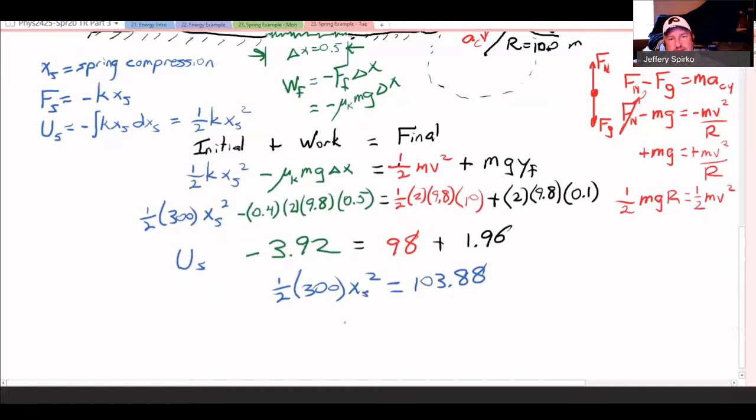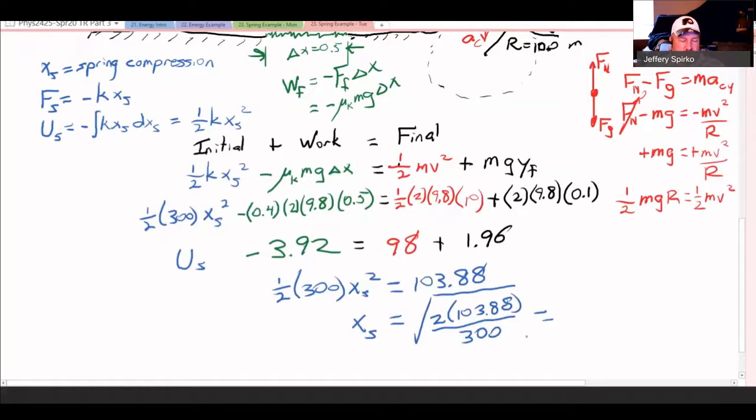So that means that xs, my initial spring compression, is 2 times 103.88 over 300. That would leave me with xs squared, so I will take a square root of it.